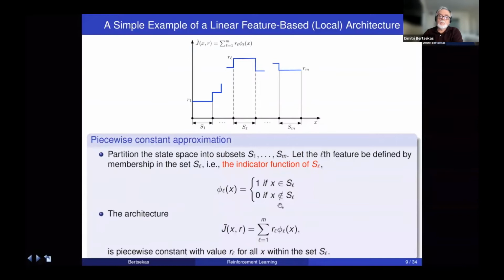So the features are all 0, 1. And when you multiply them with the weights, they provide a piecewise constant function. And by picking the weights appropriately, you can construct any piecewise linear approximation, which will approximate the target function.